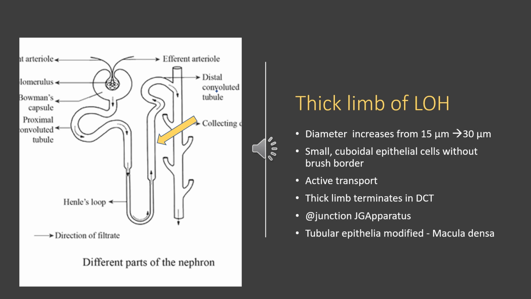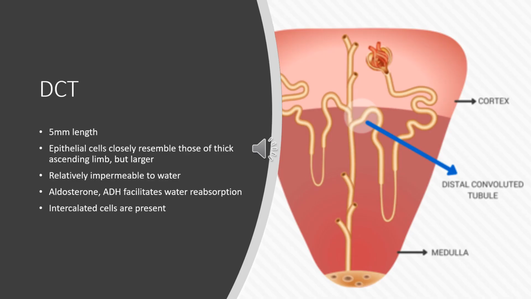There lies this specialized structure called the juxtaglomerular apparatus. And here the tubular epithelial cells are modified to form macula densa. So the distal convoluted tubule begins immediately after the macula densa. It is about 5 millimeter in length, and this DCT is formed of epithelial cells which closely resemble the cells in the thick ascending limb, that is cuboidal epithelial cells without any brush border.